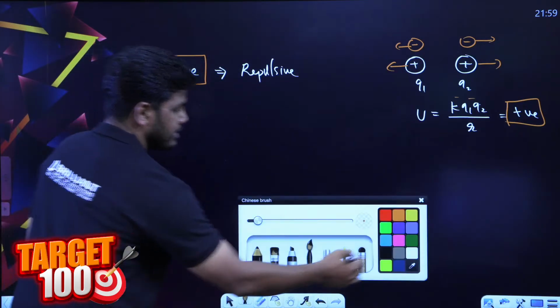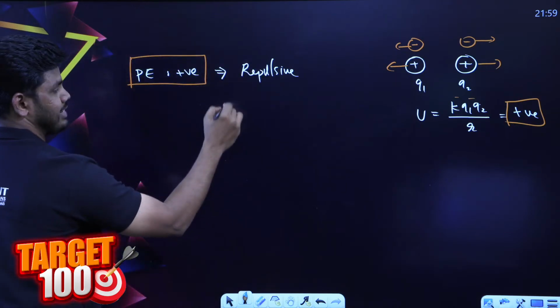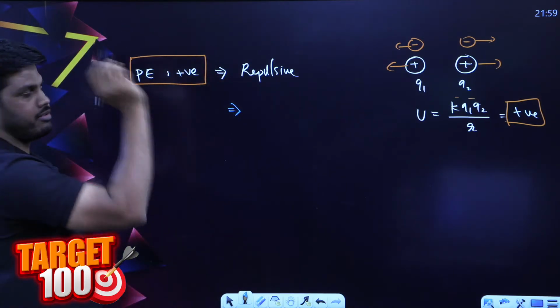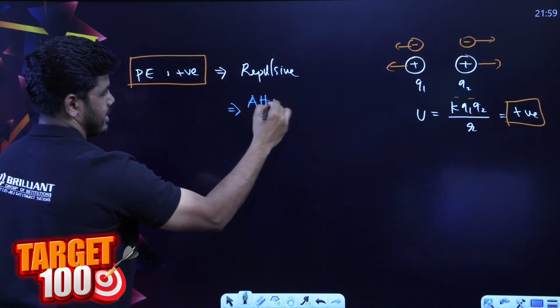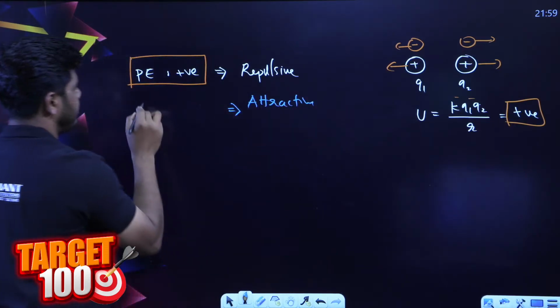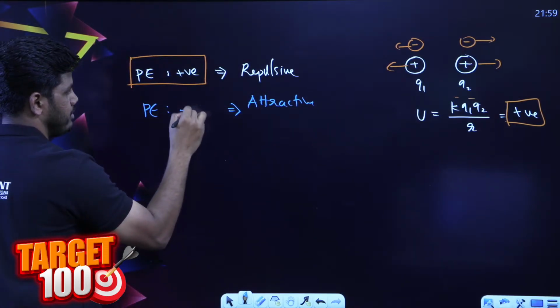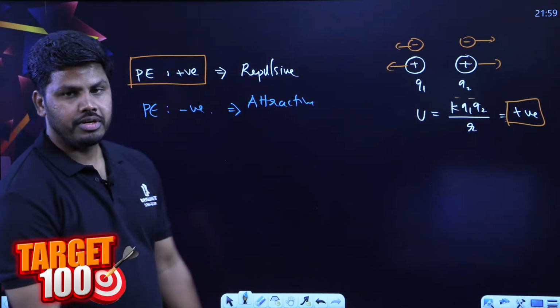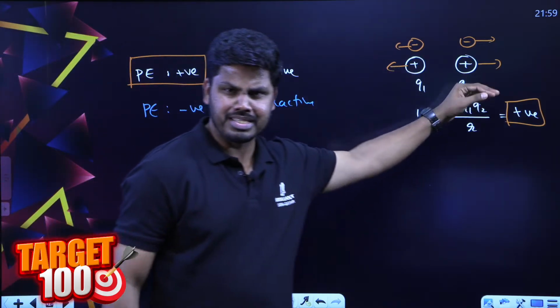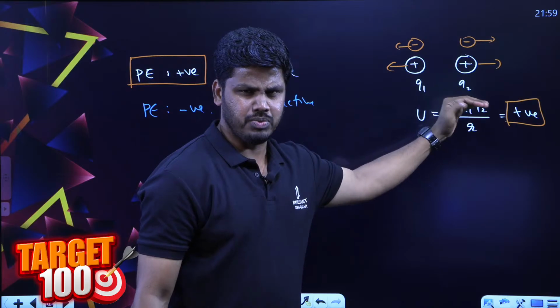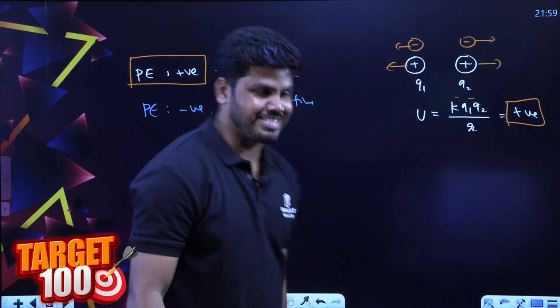And what is the condition for the force to be attractive? As we know, if potential energy is negative, the force is going to be what? Attractive. That also can be explained with the same example because we are familiar with this. That is why I went straight to electrostatics.